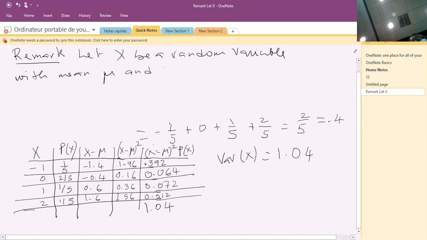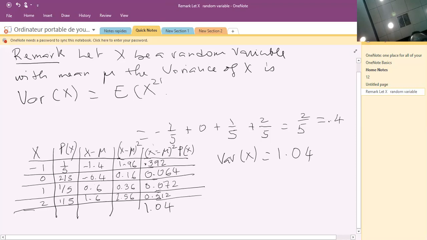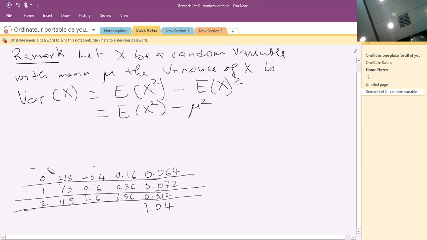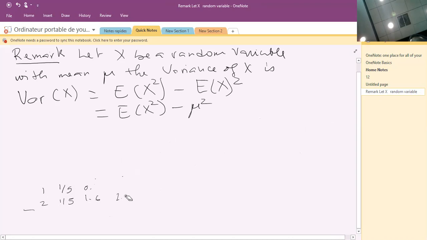The variance of X is equal to E of X squared minus mu squared.